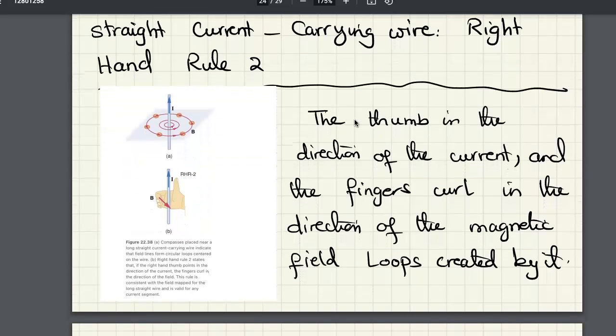Now the thumb is going to be in the direction of the current, and the fingers curl in the direction of the magnetic field. The magnetic field is going to be concentric circles.